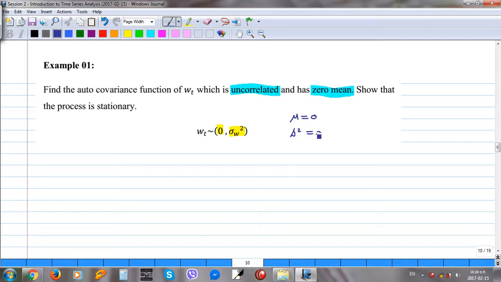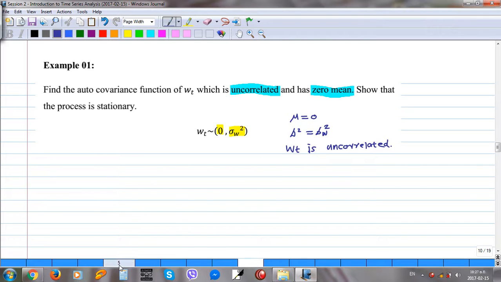And there is another special thing you have to remember: w t is uncorrelated.